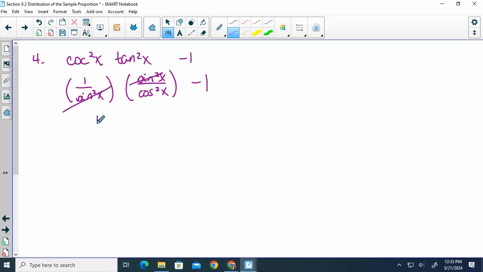So then when you multiply, you have 1 over cosine squared x. 1 over cosine is secant. And secant squared minus 1 from the Pythagorean identities. Are these making sense as we go through?